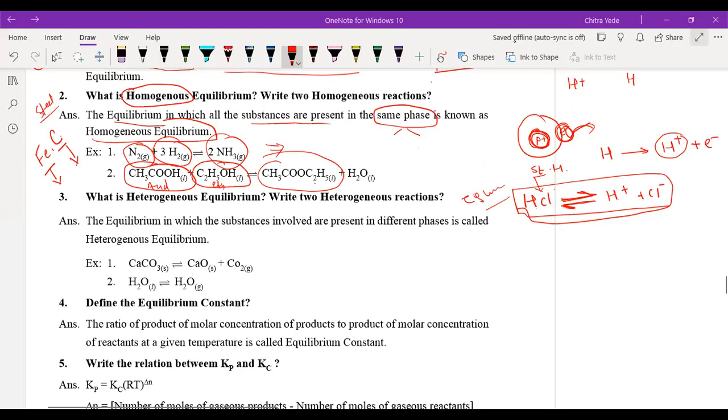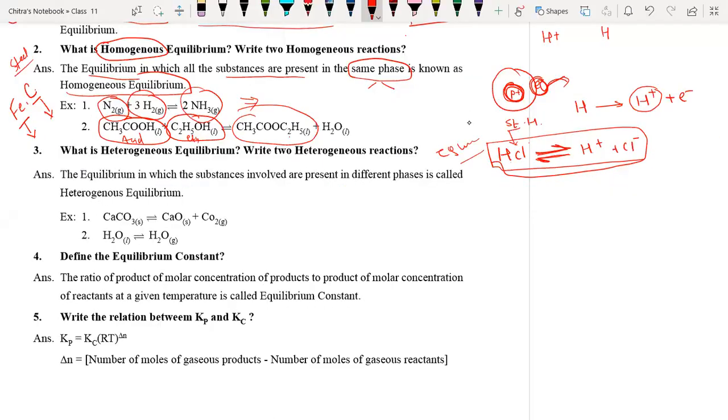Niyati just came in the class. So this is the esterification reaction where carboxylic acid reacts with alcohol, ethyl alcohol, and gives ester. Here the ester, water, ethanol and carboxylic acid are again present in the same phase only. Again it is an example of homogeneous equilibrium.